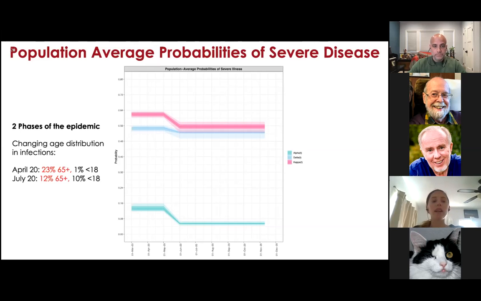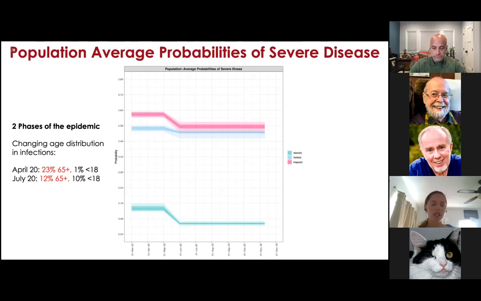But by July 20th, that had decreased to 12% of individuals over 65, and had increased for younger individuals to 10%. And this trend has stayed relatively stable.